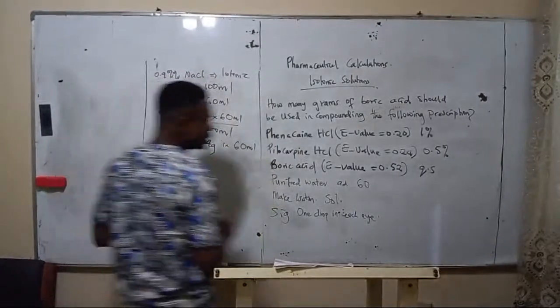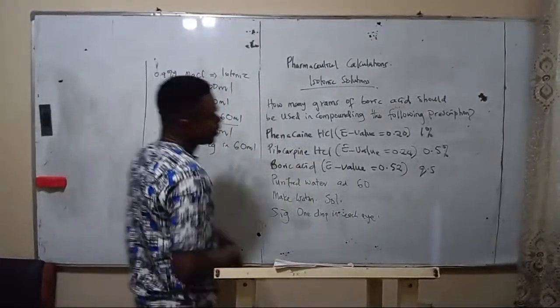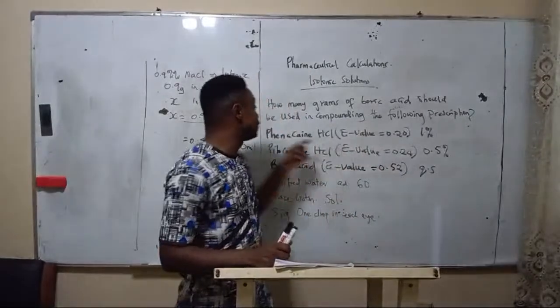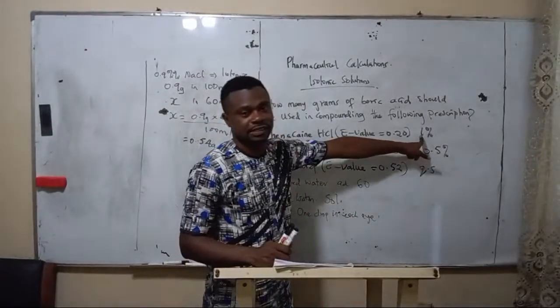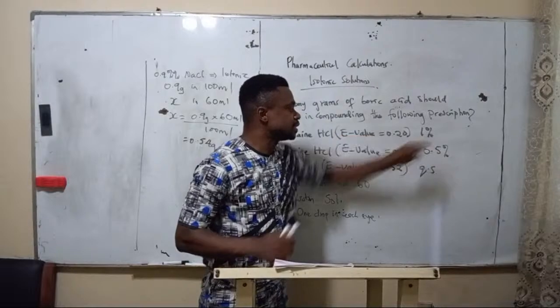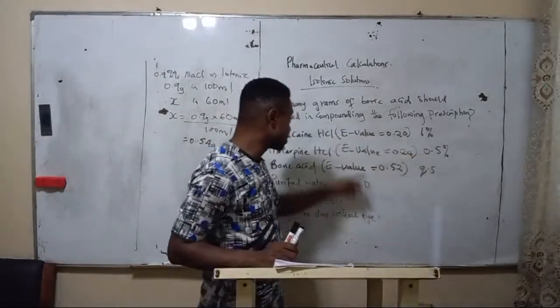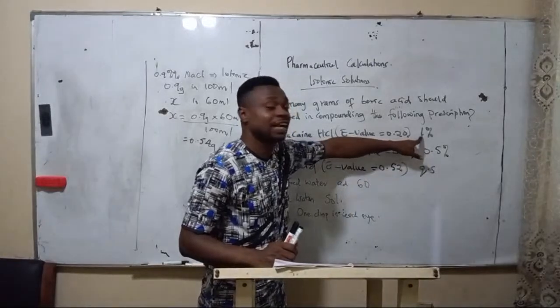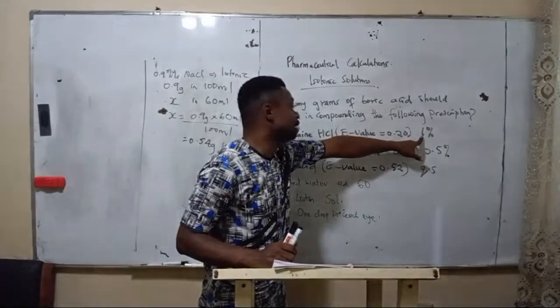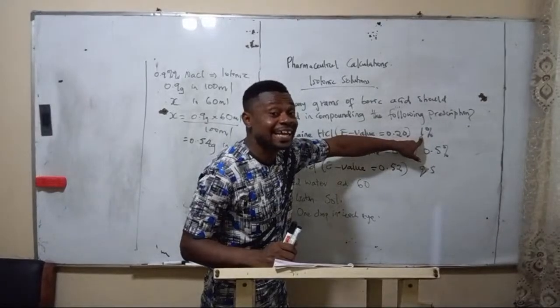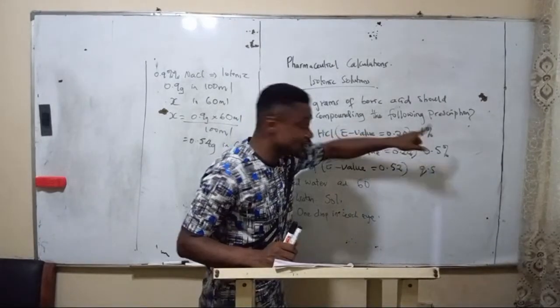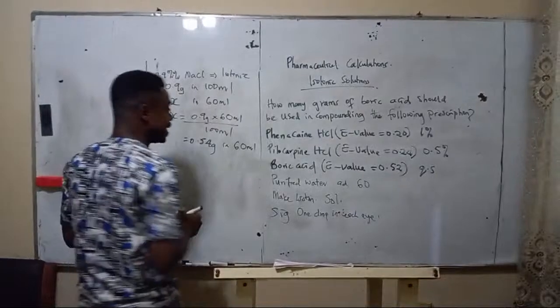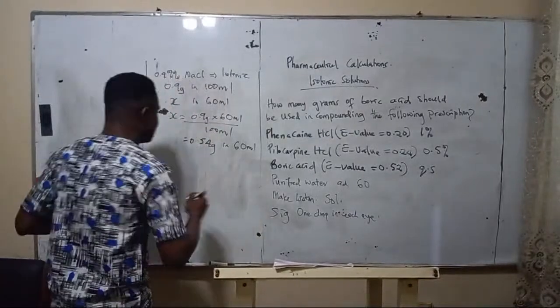Now remember, we need to find the amount of phenalkane first. It's 1%, simply 1% weight in volume. 1% weight in volume for phenalkane hydrochloride means 1 gram of phenalkane hydrochloride in 100 ml solution. I'll use PHCl for phenalkane hydrochloride.